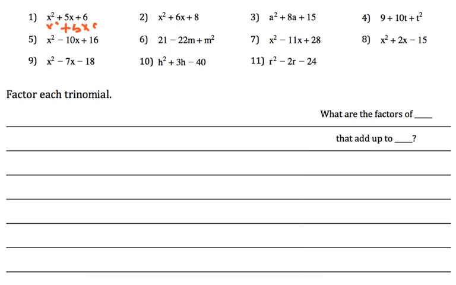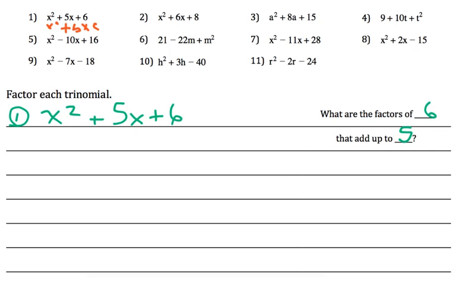bx plus c. Over here on the left side, let's label this problem 1. What are the factors of C? Well, for the trinomial x squared plus 5x plus 6, it's the factors of 6 that add up to 5. Let's think of all the factors of 6.